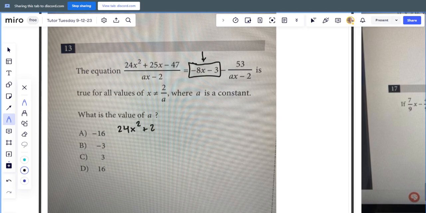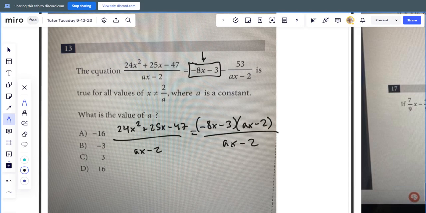(24x² + 25x − 47)/(ax − 2) is equal to, well, −8x − 3. I'm going to multiply that whole thing by ax − 2 because I want that common denominator.